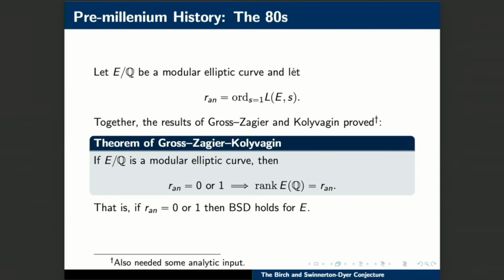If we call the analytic rank the order of vanishing of the L function at s equals 1, which does make sense for these curves that are modular, then for a modular elliptic curve, if the analytic rank is 0 or 1, then the algebraic rank actually equals the analytic rank. That is exactly as predicted by Birch and Swinnerton-Dyer.